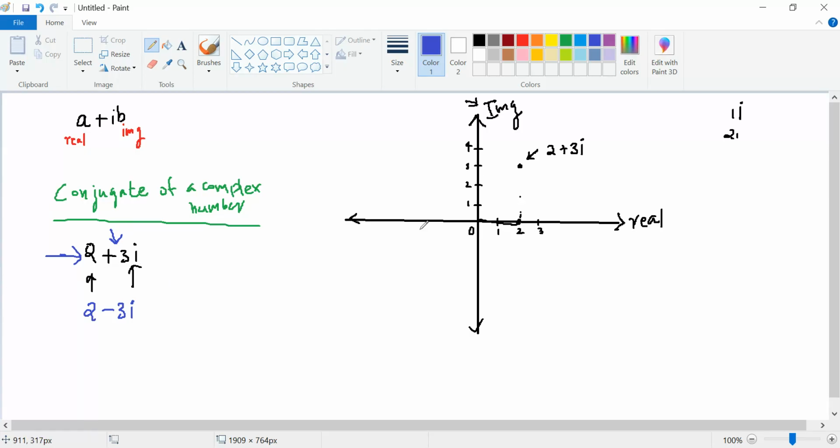Geometrically അതിൻ്റെ അർത്ഥം എന്താണെന്ന് പറഞ്ഞാൽ ഈ പോയിന്റ് ഇവിടെ 3 ആണല്ലോ, ഇവിടെ -1, ഇവിടെ -2, -3. Geometrically what it means is ഈ പോയിന്റിൻ്റെ നേരെ ഇപ്പുറത്തുള്ള റിഫ്ലക്ഷനാണ് നമ്മൾ കണ്ടുപിടിക്കുന്നത്. കാരണം വെച്ചാൽ ഇവിടെ 3i ആണ്, ഇത് 3 യൂണിറ്റ്സ് ആണ്.